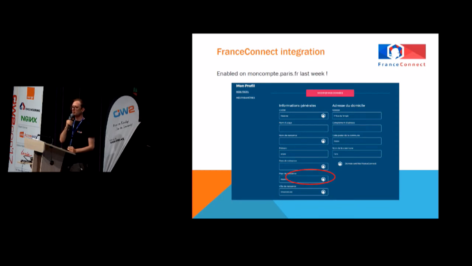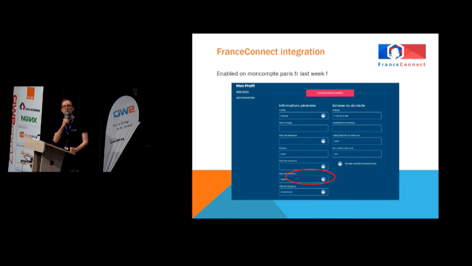A brand new topic also is the France Connect integration. France Connect is a system by the French government that aims to reduce friction between the users, the French people, and all their interaction with the public organizations. So it actually went live on moncompte.paris.fr, the Parisian account, last week.